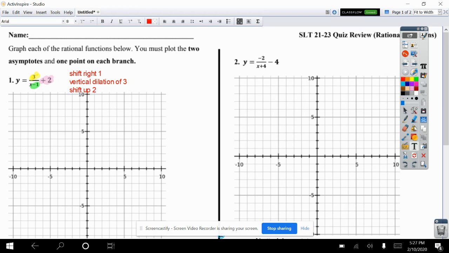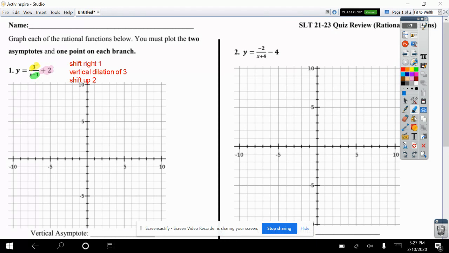So to start, I'm always going to start by graphing my asymptotes. So the asymptotes are affected by the shifts. So I'm going to start just by looking at the shifts. So my first shift is shift right 1. I have to think about which asymptote is going to be affected by a shift to the right.